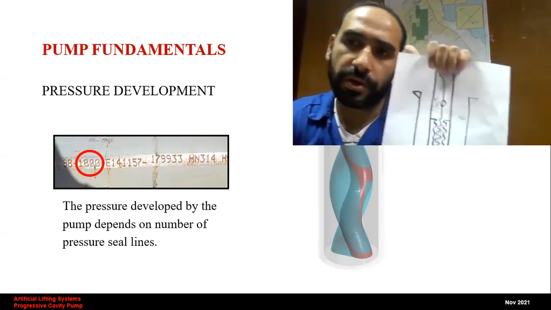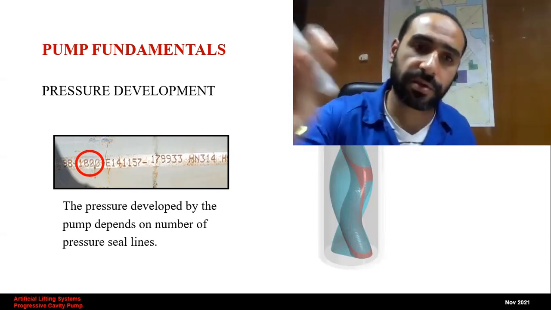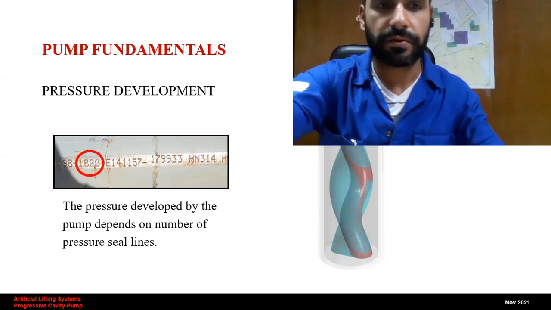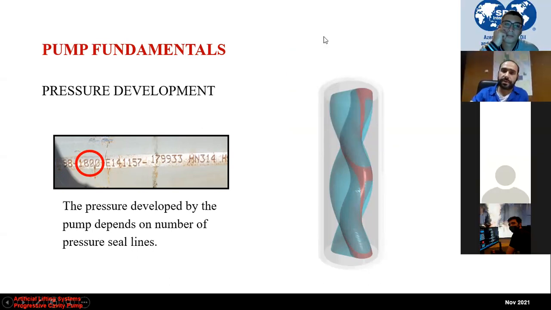Each pump can only withstand a certain differential pressure. What controls this value? Actually, the pressure seal lines control the value of the rated pump pressure for each pump. Pressure seal lines are formed by the physical effect of the rotor against the stator.